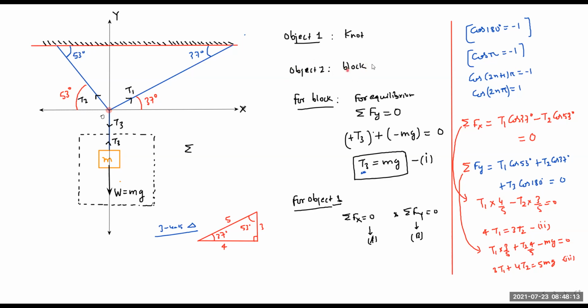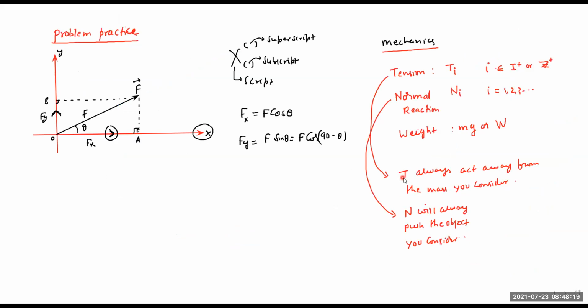So I have considered two objects, and now if you go back to the last page, T always acts away from the object you consider. Let me remove this and call it object, that will be better. So here I have written: the object you consider.